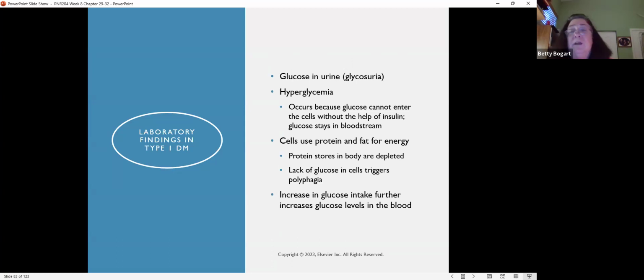Glucose in the urine is called glycosuria. And hyperglycemia is when the glucose cannot be used. So it's floating around in the blood. And hyperglycemia, just like earlier, is greater than 126. I've seen in DKA one child with a blood sugar over 1,000.